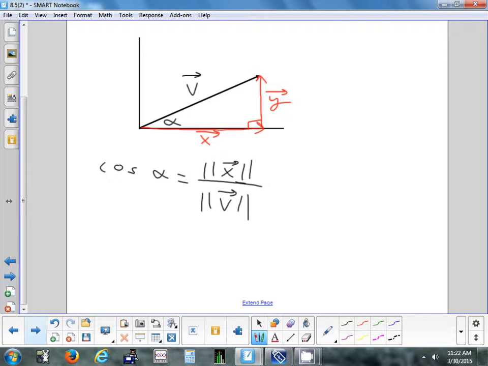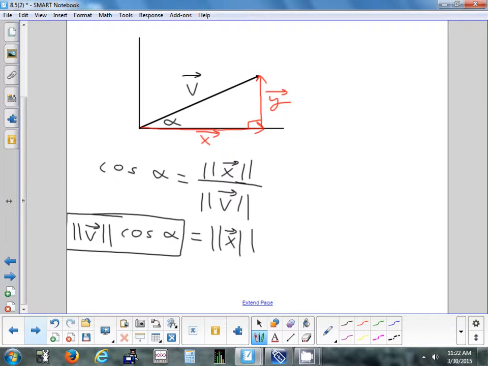And now I'm going to solve that for x. Okay, so the magnitude of that vector is going to be magnitude v cosine alpha. Right, now we'll set it up again. Except now I want to find the vertical component. Cody, what would be the trig function I'd use to get at the vertical component?